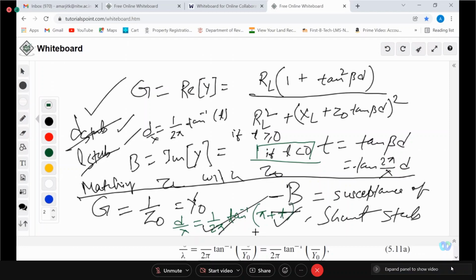Is it correct? From trigonometry, if this thing is negative, then d by lambda will be 1 upon 2 pi times pi plus tan inverse T.